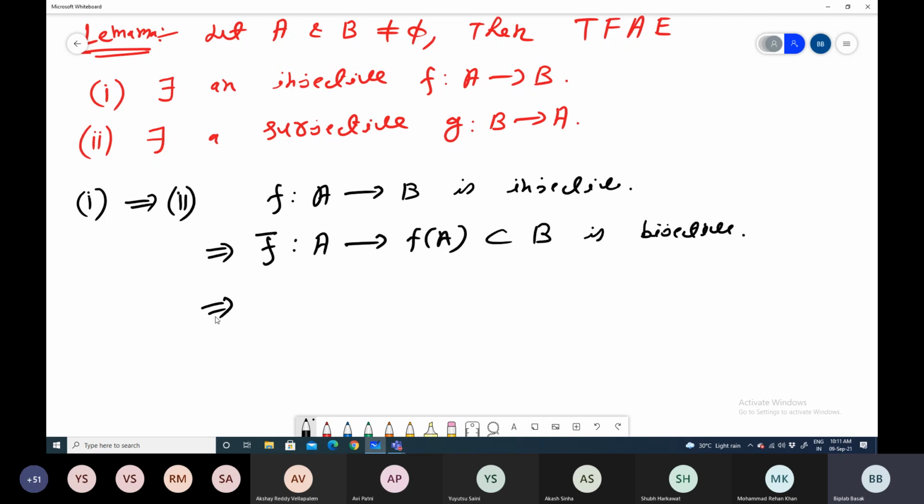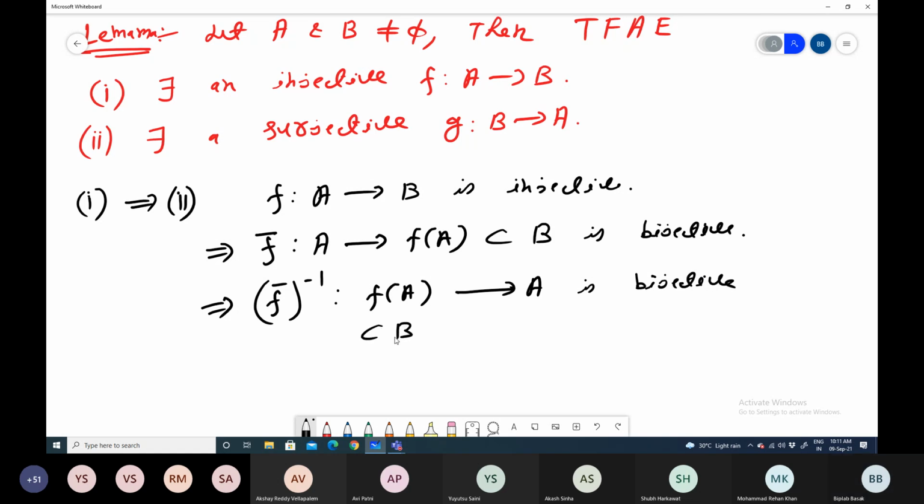That implies we can define a map f bar inverse from f of A to A, and this is also bijective. And this is a subset of B, right?